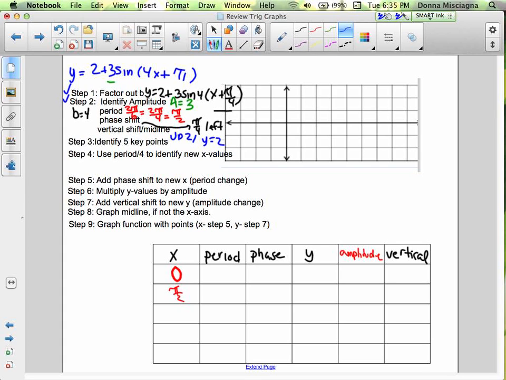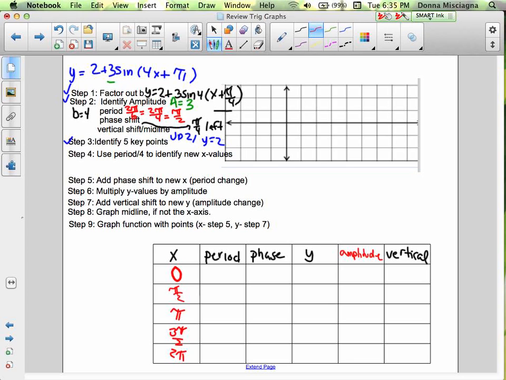Now let's take on step 3, identify the 5 key points. I guess I'll write in red. The 0 and the pi halves is stuck there. And so always our x values are 0, pi halves, pi, 3 pi halves, and 2 pi. The y values that go with that, right?